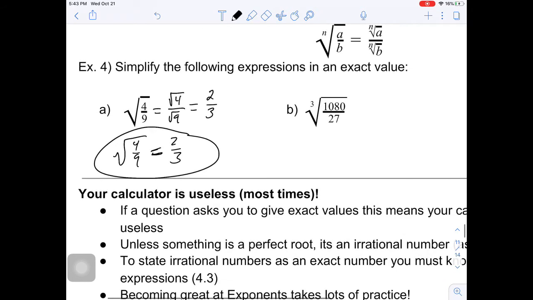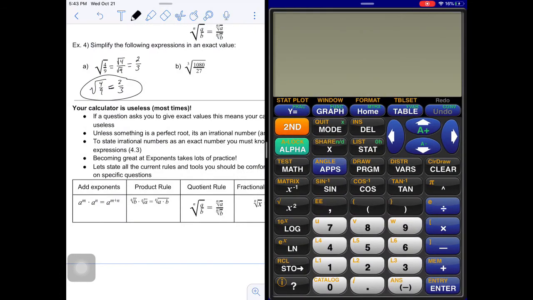And again, we could plug this in our calculator and actually see it happen. If I take the square root of 4 over 9, I get 0.66666, and this is going to go on forever. Remember, we learned that that 7 is just your calculator, not as smart as you. It's rounding. If I plug in 2 over 3, I get the exact same solution. So 2 over 3 is the same thing as root 4 over 9.